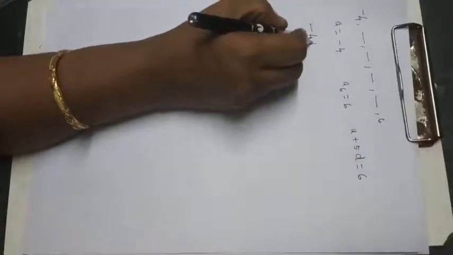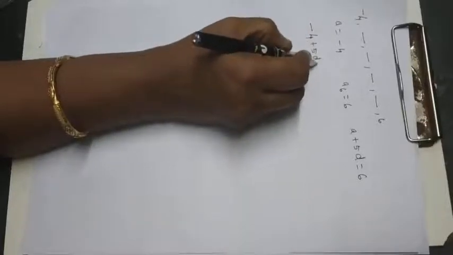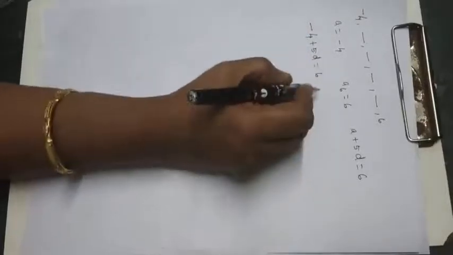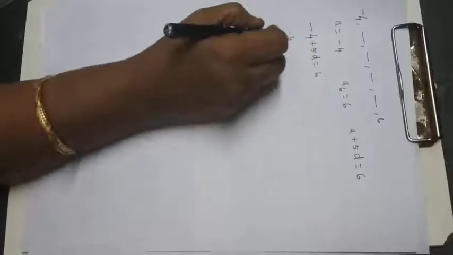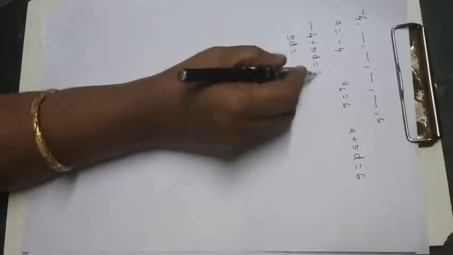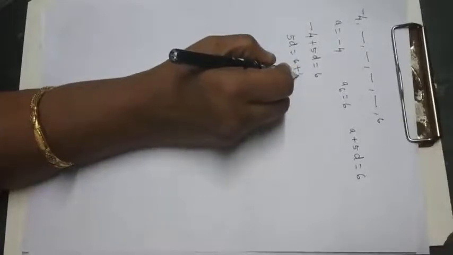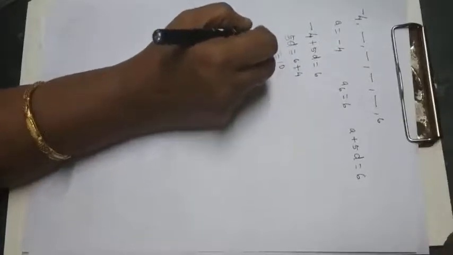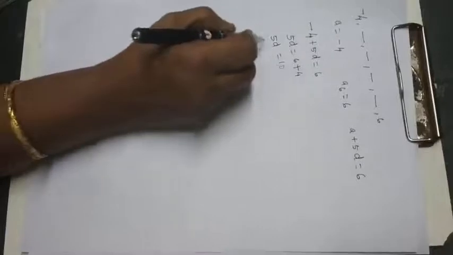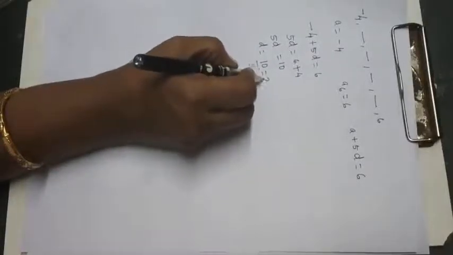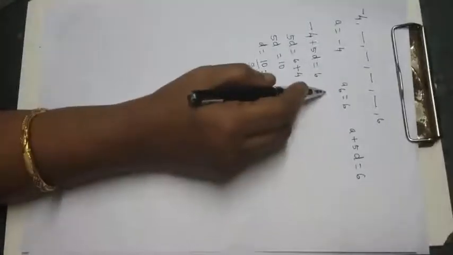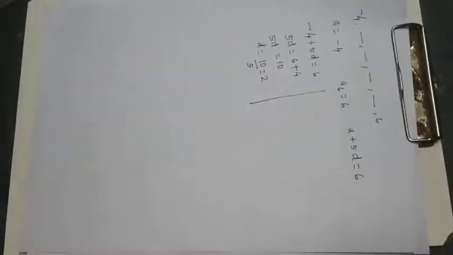The A value is negative 4. So negative 4 plus 5D, that is equal to 6, or 5D equal to 6 plus 4, 10. Or D is equal to 10 by 5, that is equal to 2. So the D value is 2.